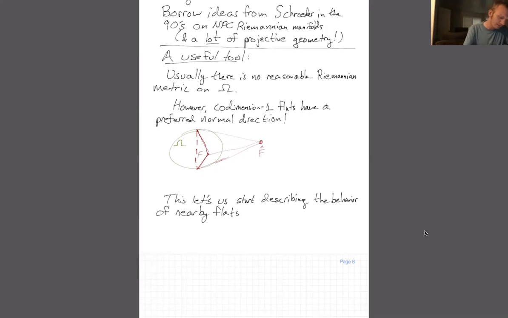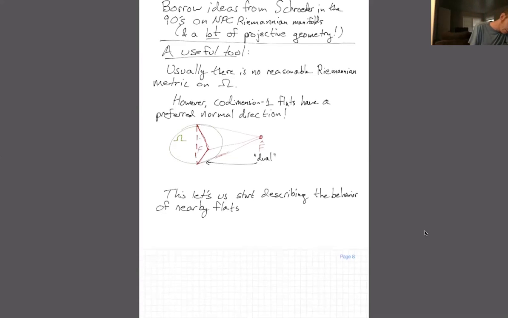So this point out here, F hat, is behaving like a dual point to this flat inside of omega. And what does that do for you? Well, for points X inside of the flat, it distinguishes a normal direction. So this direction is the normal to F at X.